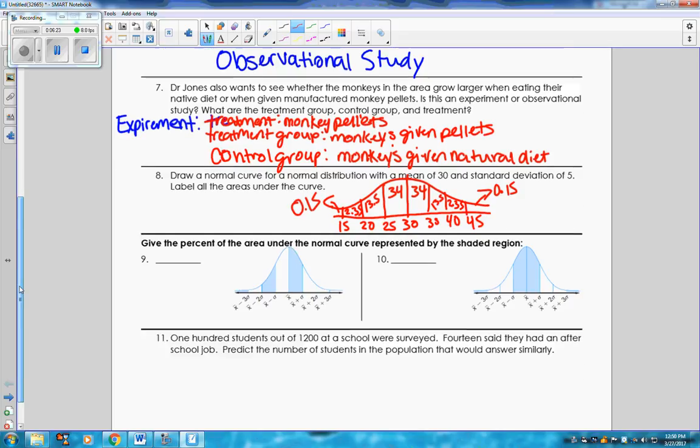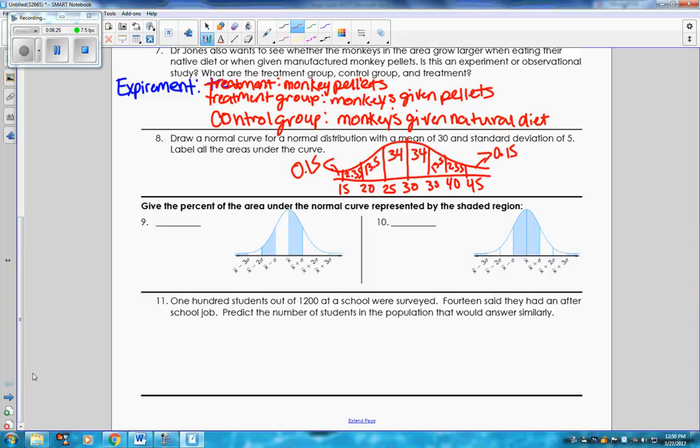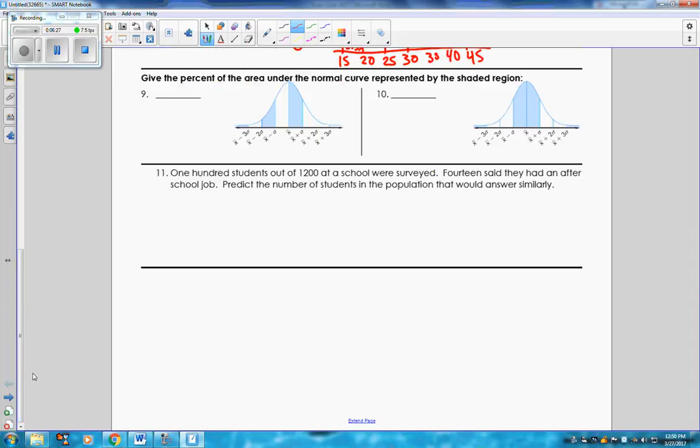Now, questions 9 and 10 ask us to get the percent of the area under the curve represented by the shaded region. I know it's really hard to see the shading, so just make sure you're shading the right area.